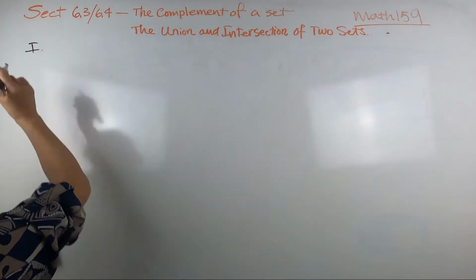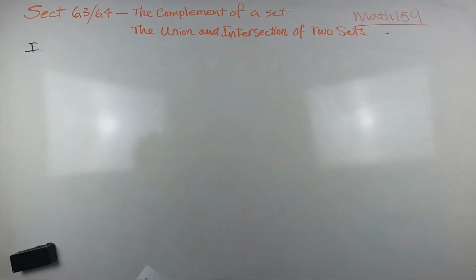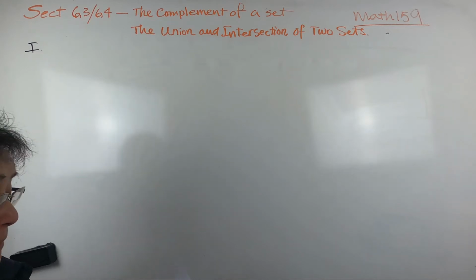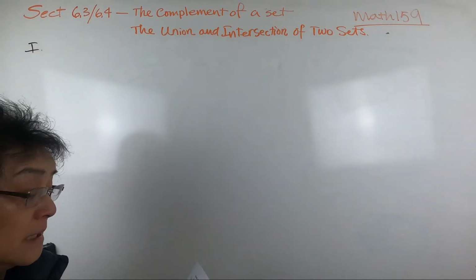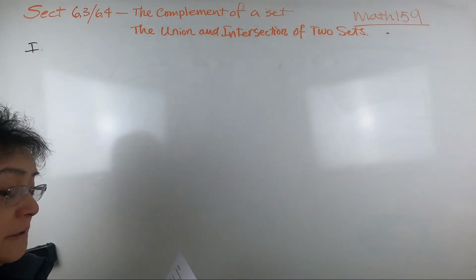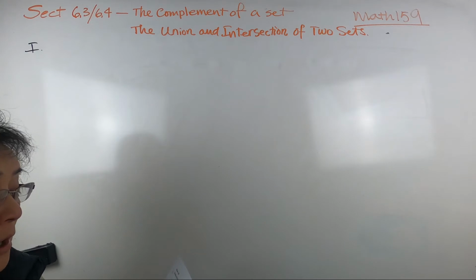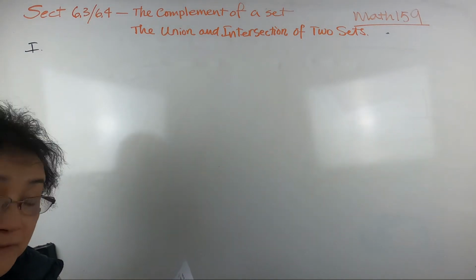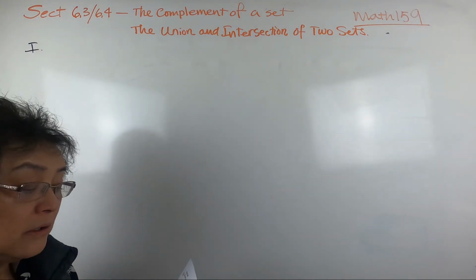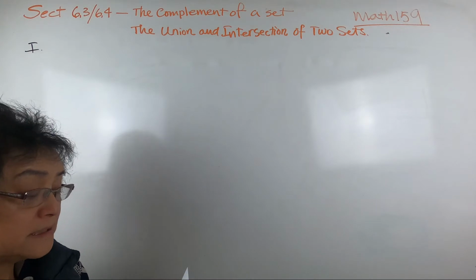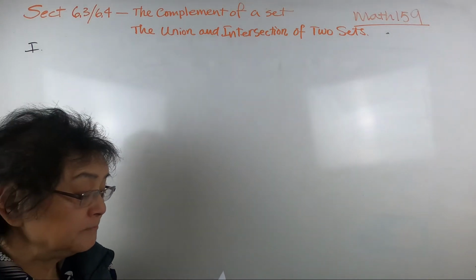On your page 52, the complement of sets. Okay, it says complements come up very often in statistics. Recall that the complement of a set is everything that is not in that set, right?